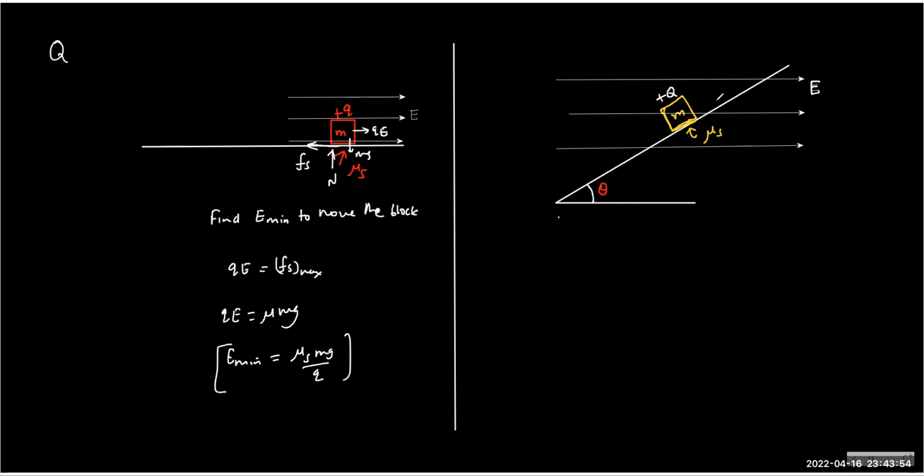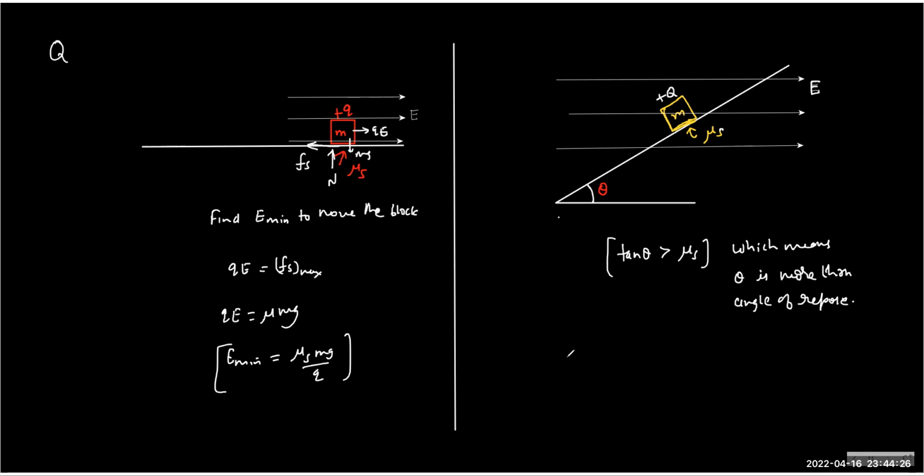The charge is Q, and the coefficient of friction is mu s. It is given that the angle of the plane exceeds the angle of repose, so theta is more than the angle of repose. What is the angle of repose?